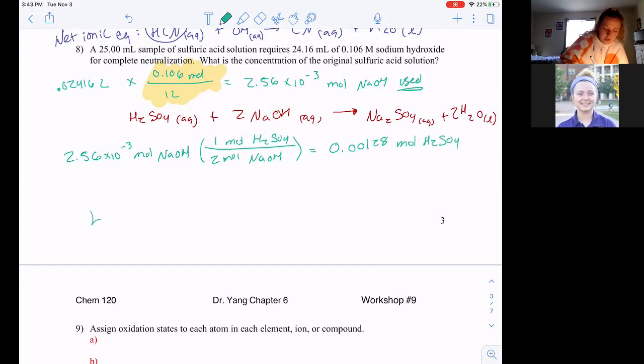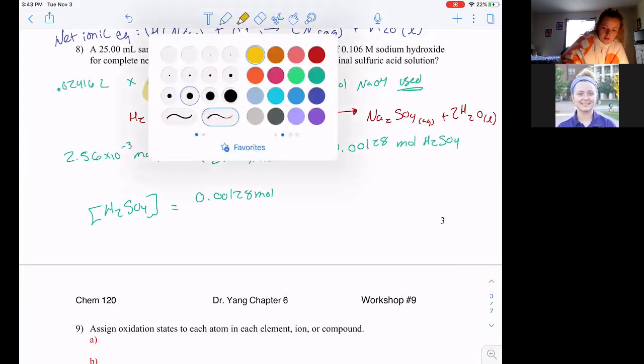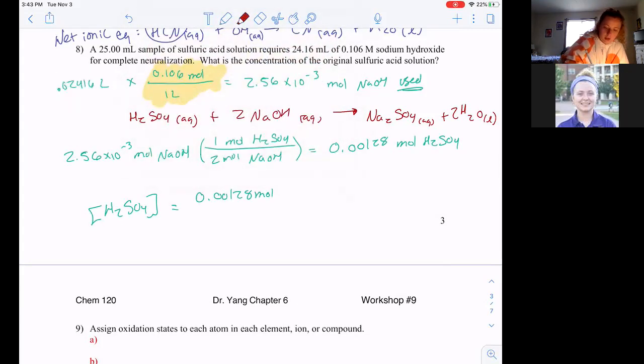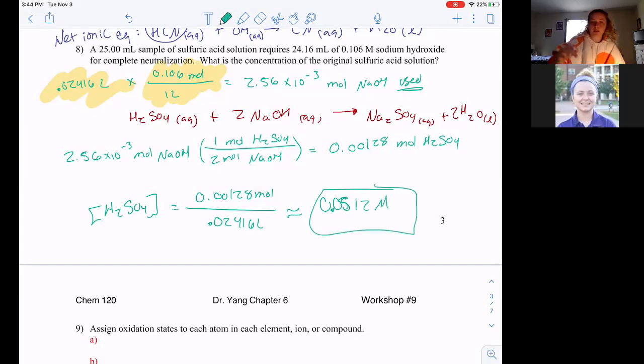To calculate the concentration of H2SO4, we're going to divide it by how many liters we had. The liters is right here, divided by 0.02416 liters, which is going to be around 0.0512 molarity. And that's your answer. Block it.